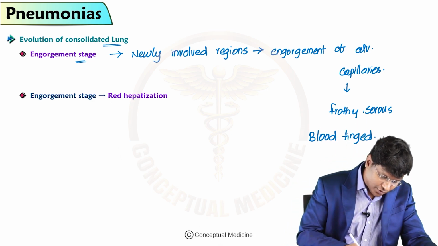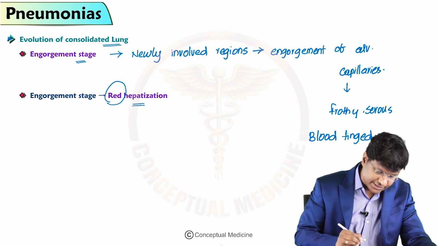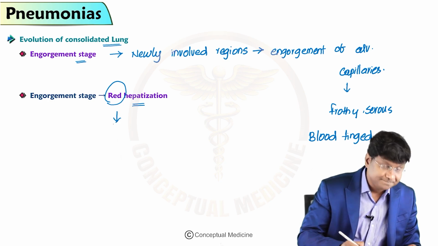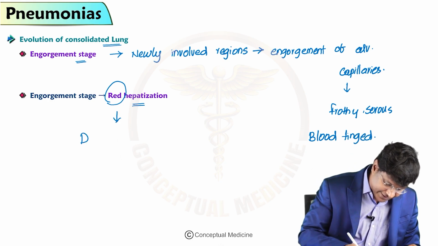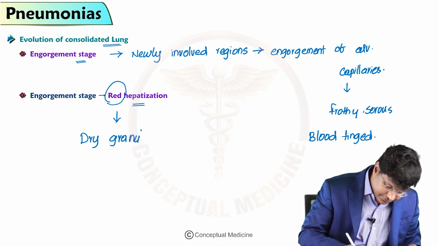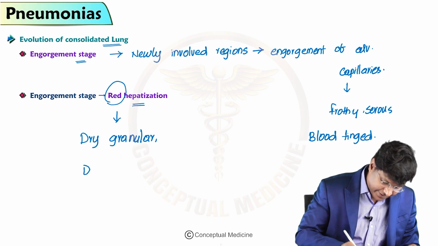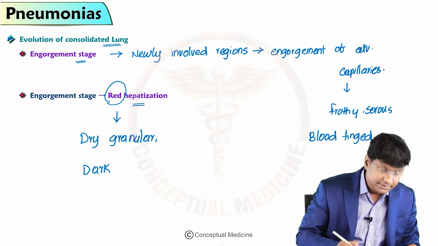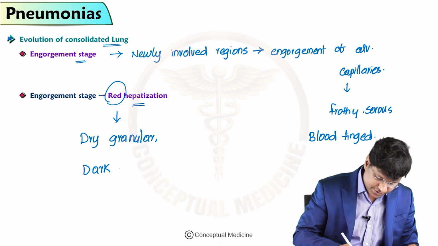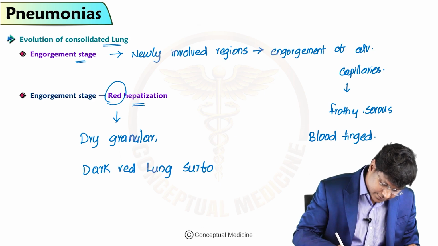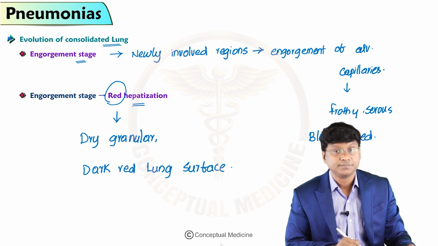And from the stage of engorgement, the next important stage is the stage of red hepatization. Here, in the stage of red hepatization, the lung will be dry, granular, and there will be a dark red lung surface.